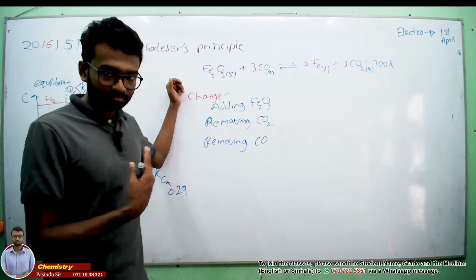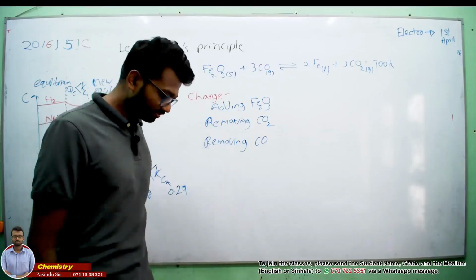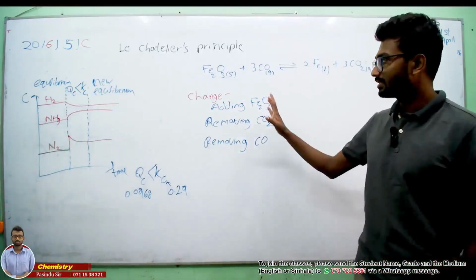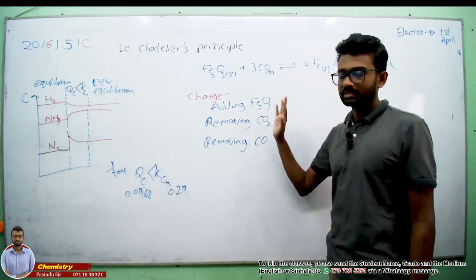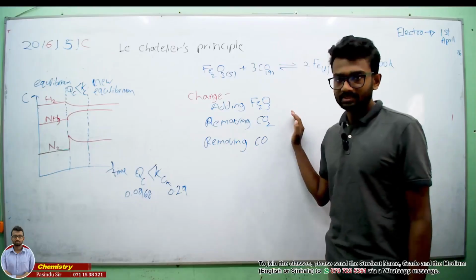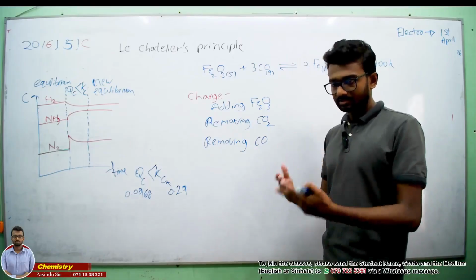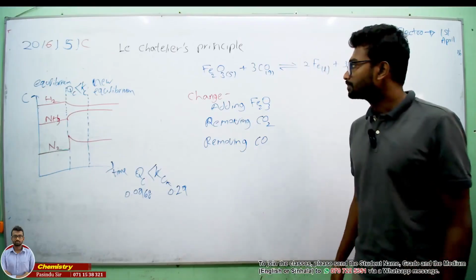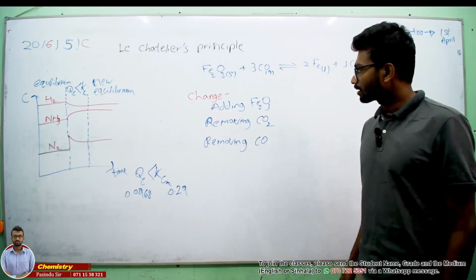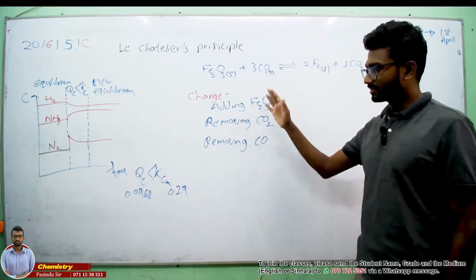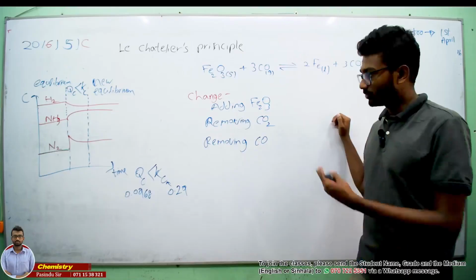You will learn it in the last lesson, but the same concept, Le Chatelier, is applied in every industry. According to Le Chatelier we can increase the yield. Here we just talk about these things. We don't need to talk about how to increase the yield. We will see what happens.